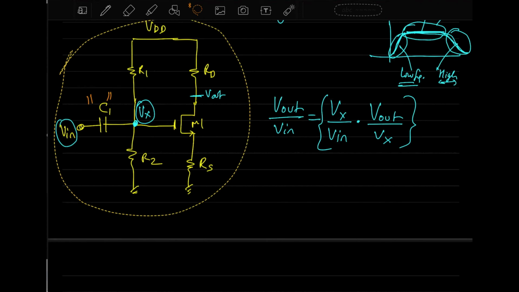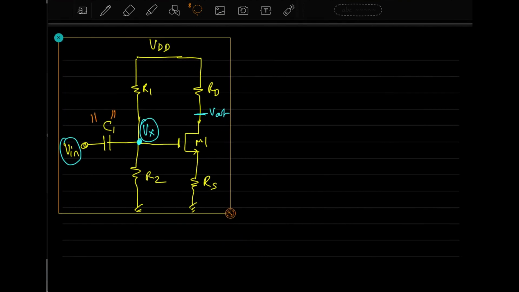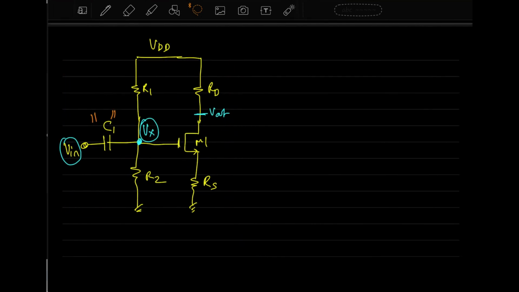So let me copy this. I want to calculate Vx by Vin. You know that when we are doing the frequency analysis, all these voltages, VDD here, will be grounded. If it is grounded, you can bring this R1 down and write it like this.